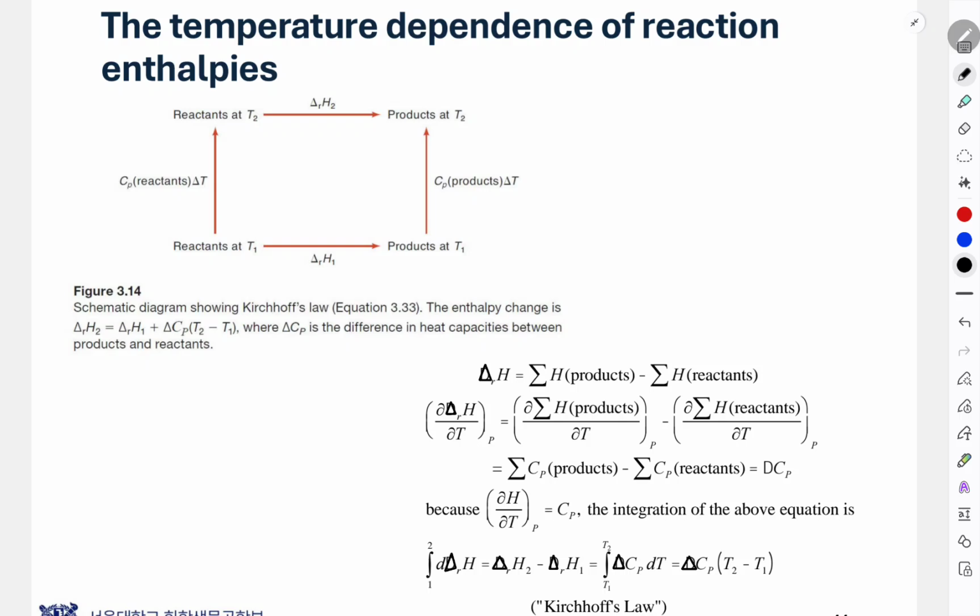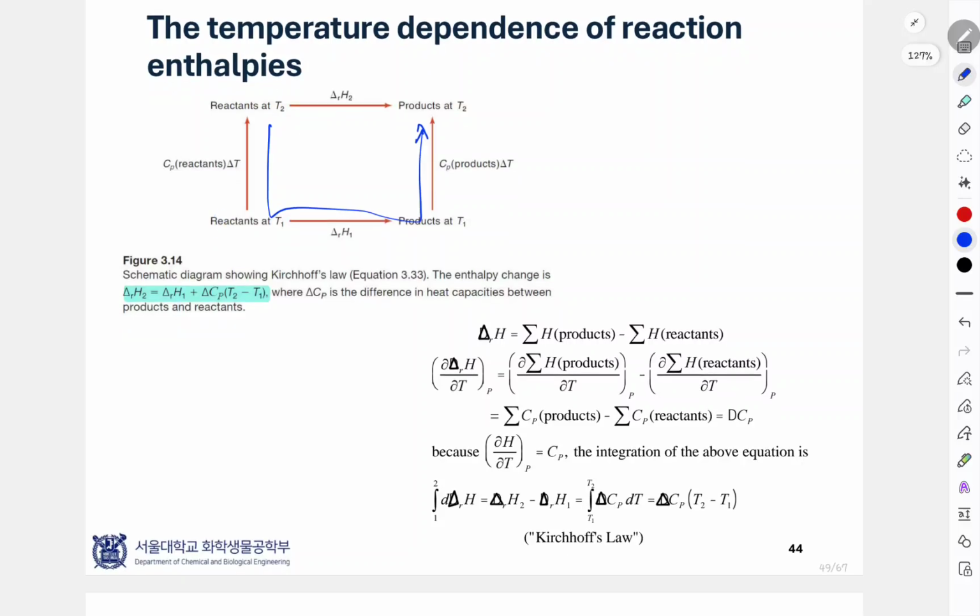Then we can use this Cp delta T, which is the enthalpy change, and we also know the reaction enthalpy at T1 using some table or Hess's law, and then at T1 we are going to heat or cool the product from T1 back to T2, also with the enthalpy change of Cp and delta T. So summing these three steps results in the equation where this heat capacity change is the difference in heat capacity between the product and reactant.